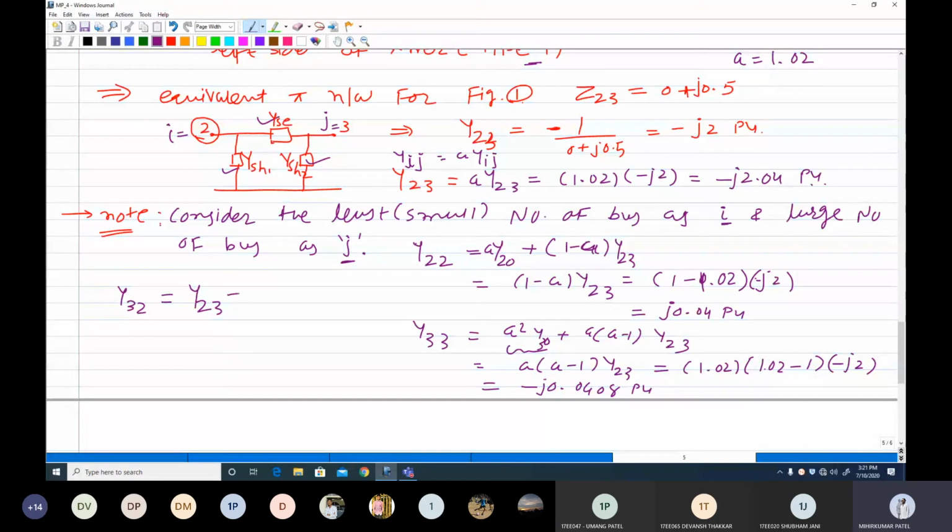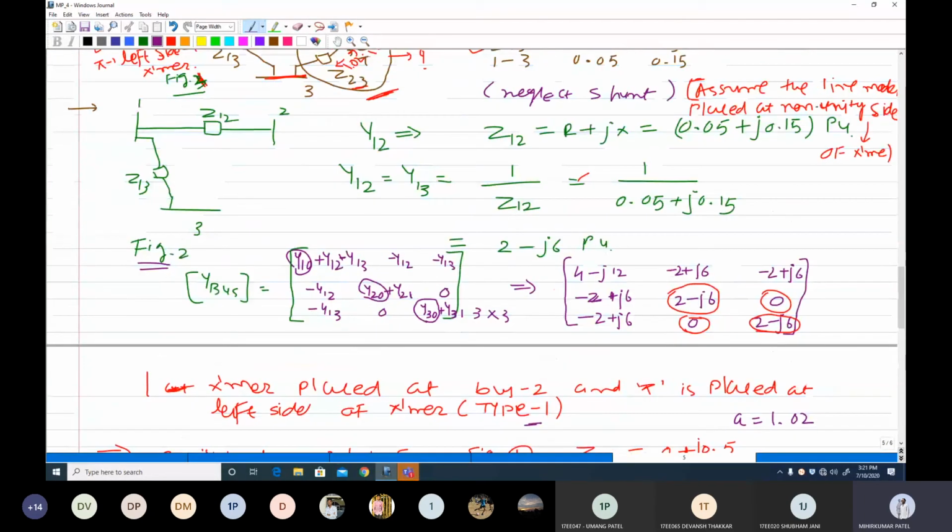Yes, very good, which is equal to A into Y23, which is equal to minus j2.04 per unit. Clear? So we will get all these 4 parameters after introducing the transformer A between bus number 2 and 3.